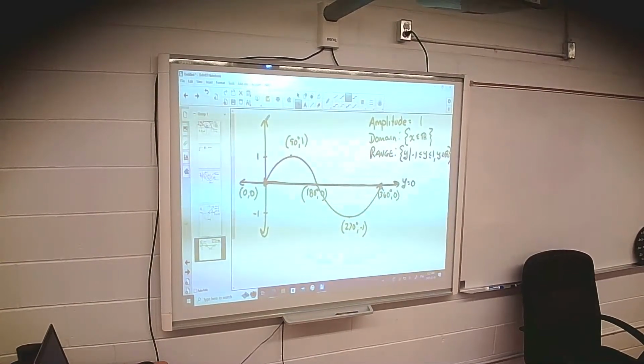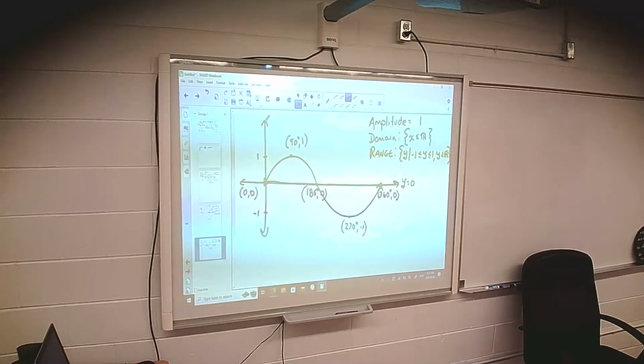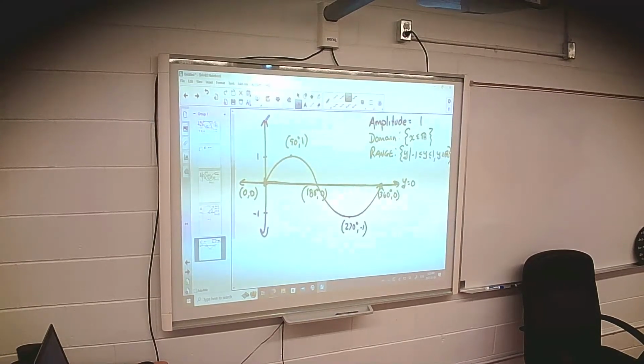How many x-intercepts are there on that graph? How many do you see on that one? 3. But the graph goes forever left and right, so there's an infinite number of x-intercepts.